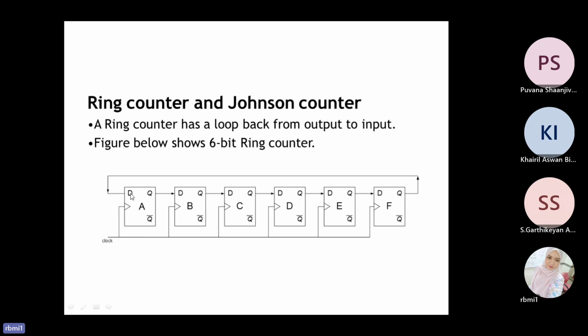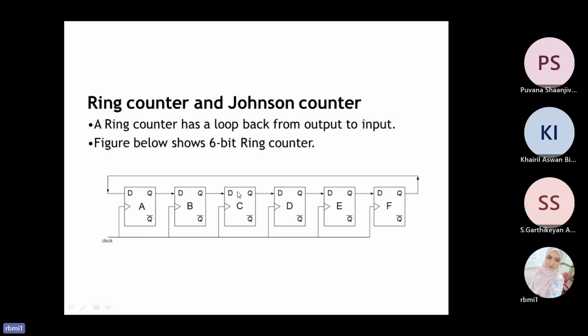Circular fashion because the difference is here: the output becomes the input again. Let's say this is 6 bits. The 6th one is injected to the first one. When the input signal is applied, the data circulates through the flip-flops in a loop. This one, in a loop.